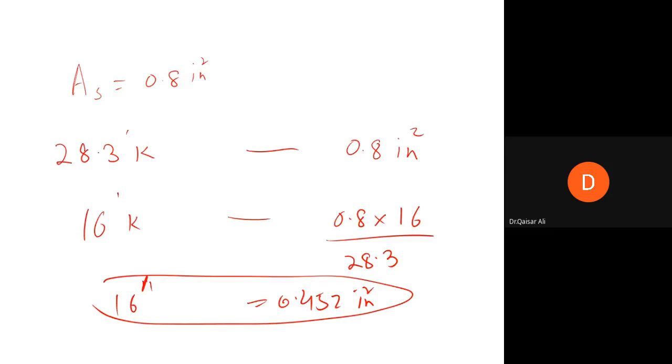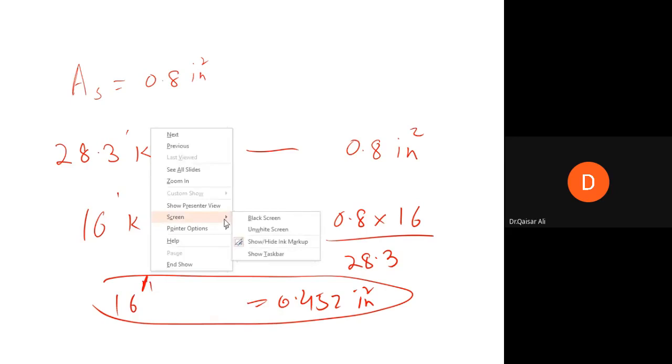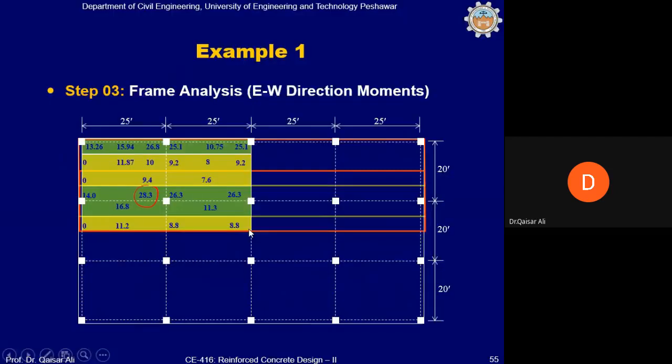bending moments. Once you calculate area of steel for the bending moments, then you need to calculate the spacing for the bar to be placed inside the slab. So let's say we now decide to use number 5 bar. Number 5 bar has an area of steel equal to 0.3 square inch.